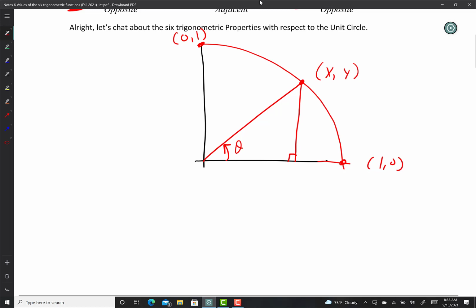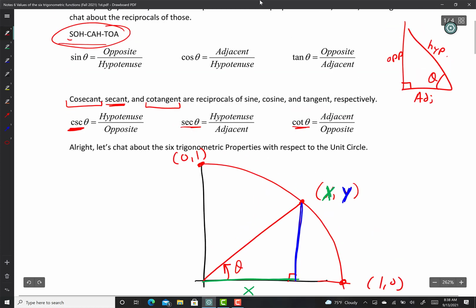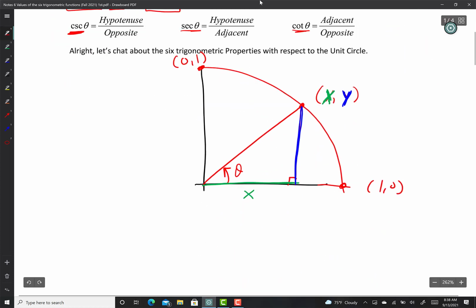Okay. So notice that this distance here in green, that is just some x. And this distance here in blue, that is just some y. I tried to color code. If you use your trig ratios, this Sohcahtoa over here, so I'm going to write that right here.